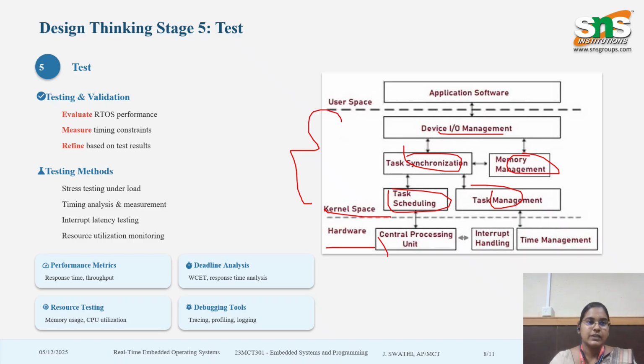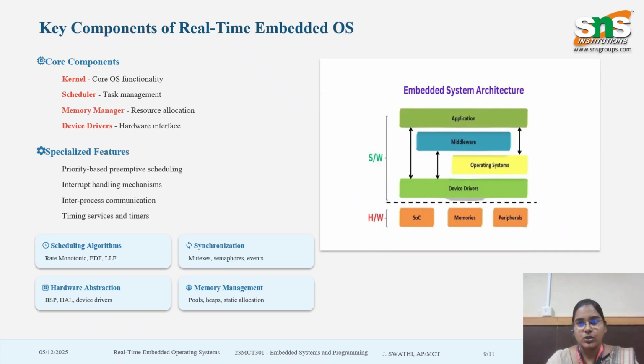In testing, we have to evaluate the performance, measure the time constraints, and refine the test results. The methods we use are stress testing, timing analysis and measurement, interrupt latency testing, and resource utilization monitoring. The key components of an RTOS are the kernel, scheduler, memory manager, and device driver.